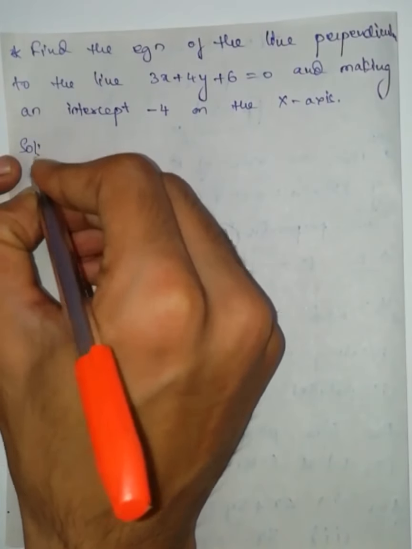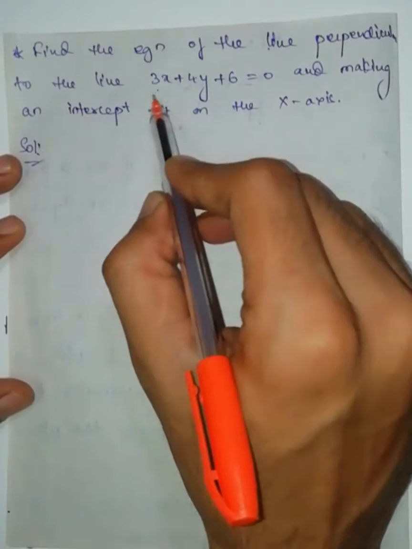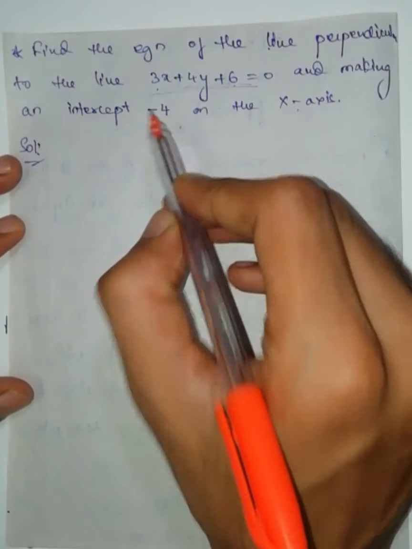Solution: we have to find the equation of a straight line which is perpendicular to this one, whose x-intercept is -4.